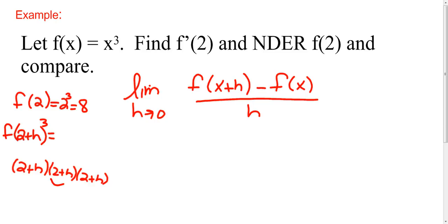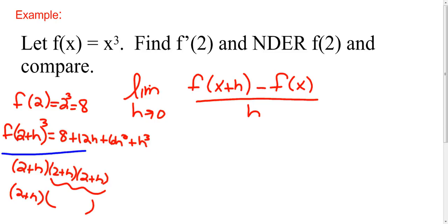I would probably FOIL two of those out first, get an answer, and then distribute 2 plus h through. But I'm going to cheat here in the interest of time and tell you that when you cube 2 plus h, you get 8 plus 12h plus 6h squared plus h cubed, okay? That's off to the side, what's going to get plugged into this formula.